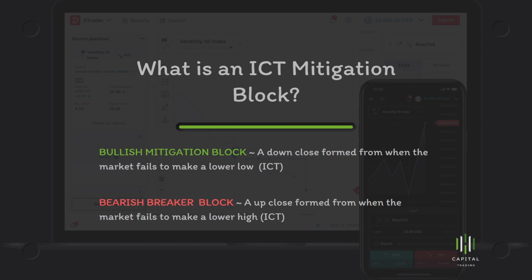So in a bearish environment, remember with a breaker block, we take out an old swing high, and then we continue on the downside and then retest that candle that was used to go up and take out the previous high. With the mitigation, it's not like that. The market will fail to take out a high, right?